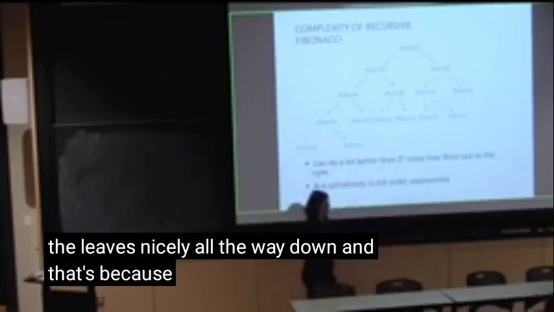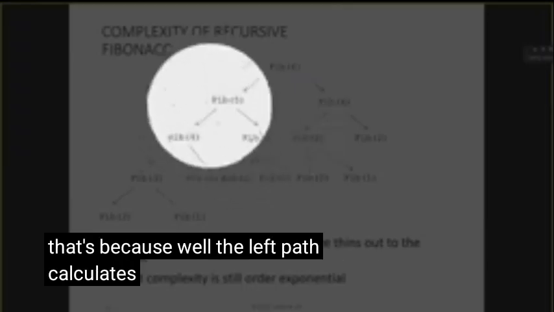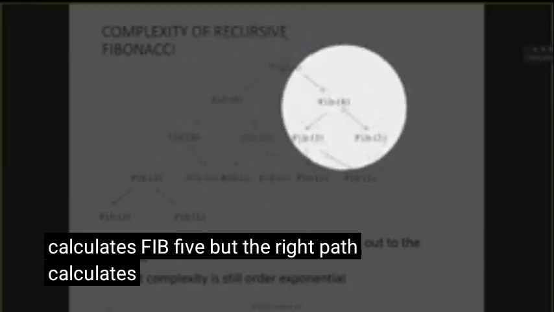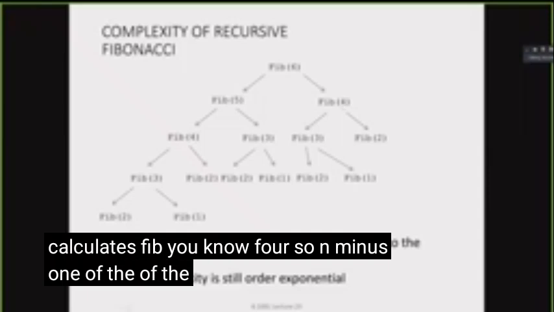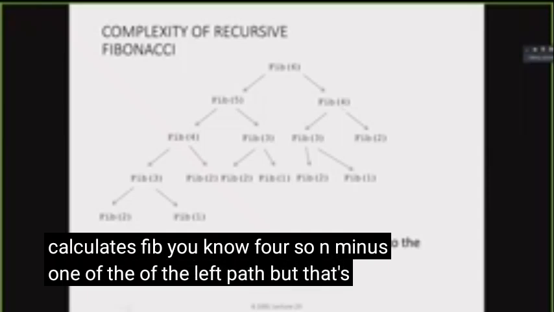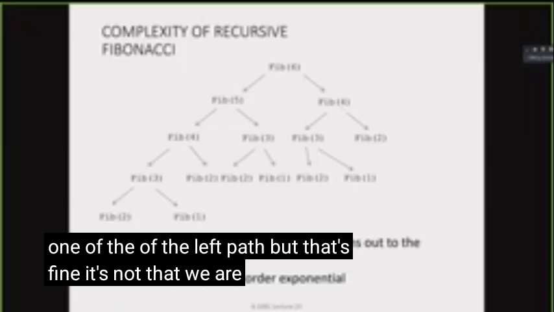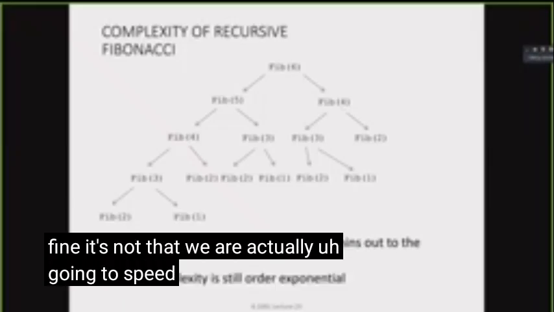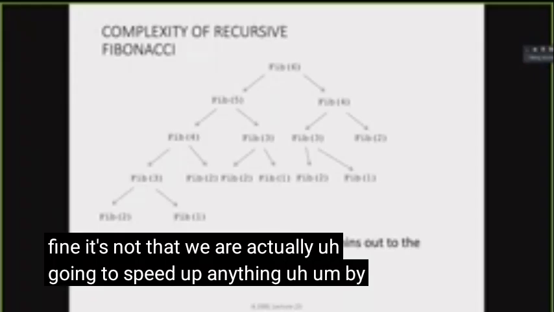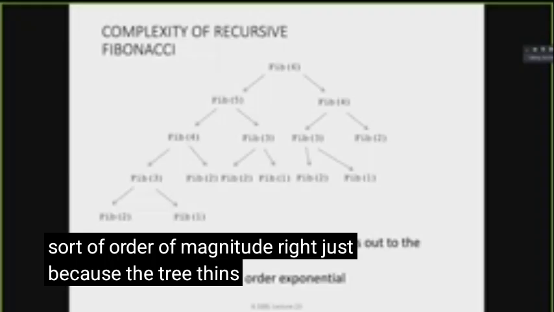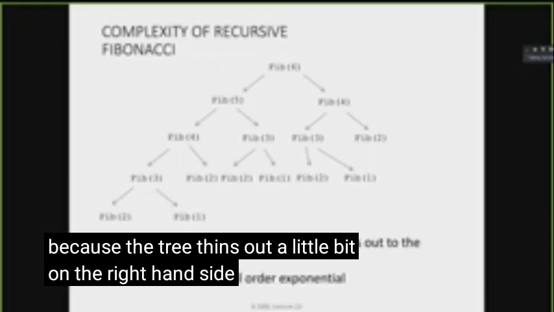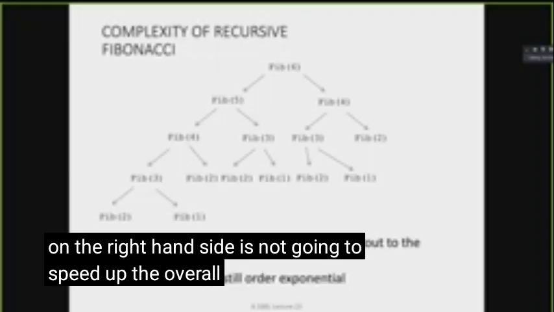That's because the left path calculates fib 5, but the right path calculates fib 4, so n minus 1 of the left path. But that's fine. Just because the tree thins out a little bit on the right-hand side is not going to speed up the overall complexity of this function by some sort of order of magnitude.